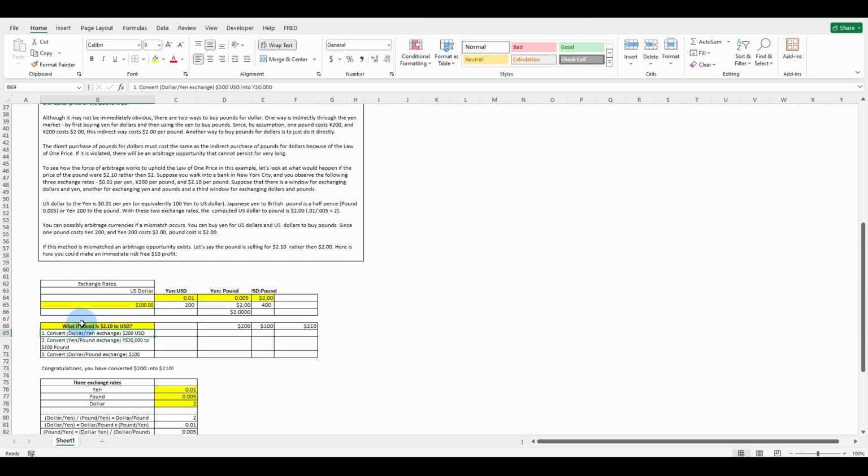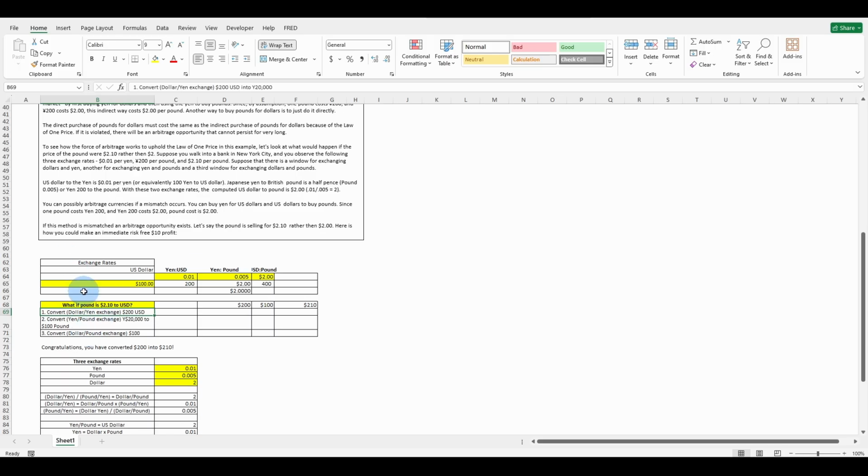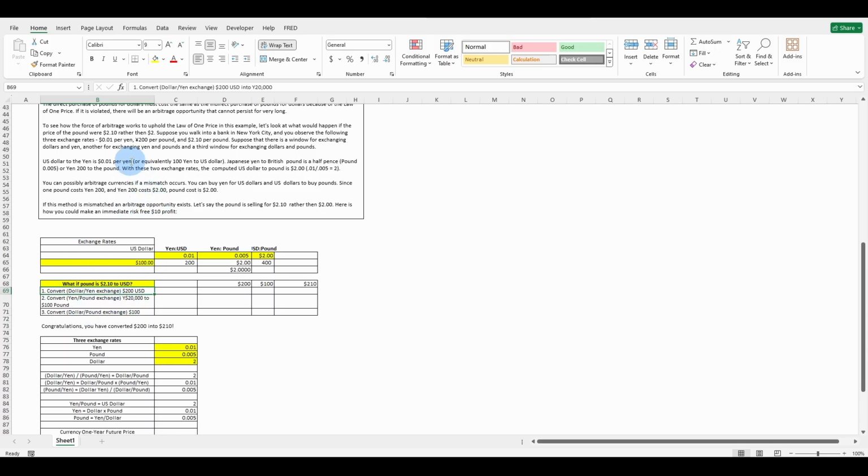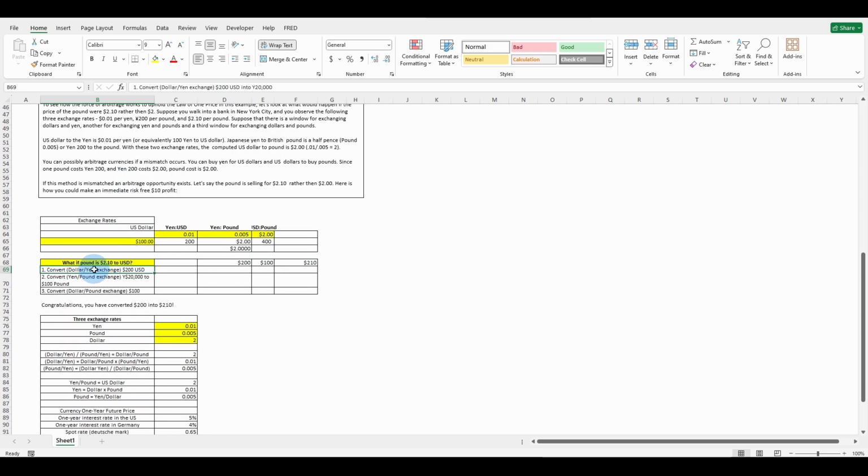So what if the pound is $2.10? Remember, we were pretending there were three different windows. At the dollar-yen window, we're going to convert $200 into 20,000 yen. At the second window, the yen-pound window, we convert that 20,000 yen into 100 pounds.